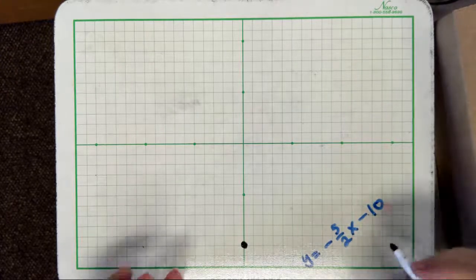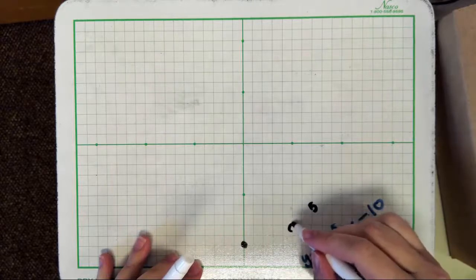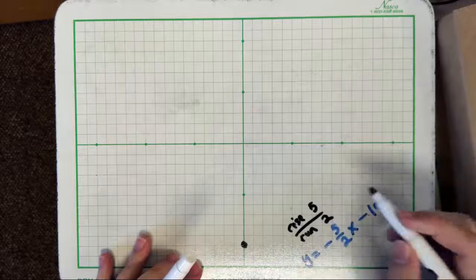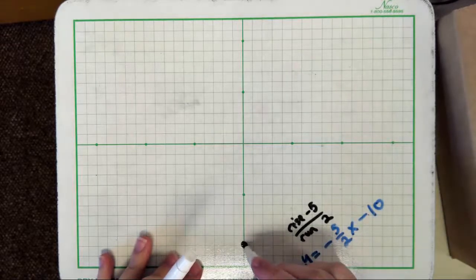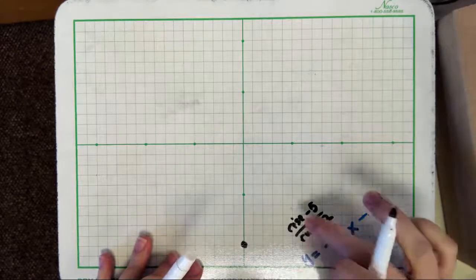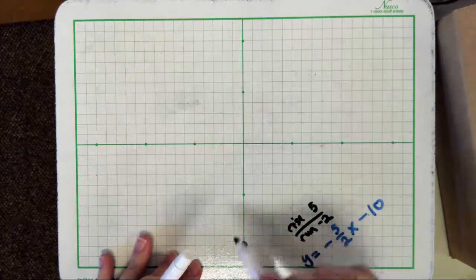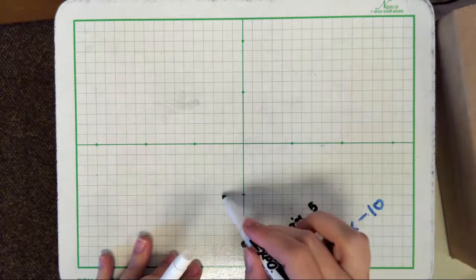My slope is negative 5/2, so I'm going to rise 5 and run 2, but one of those needs to be negative. So if I put it with the top, if I think about rising negative 5, well, that means I'm going down 5, which I don't actually have room for. So instead, I'm going to think about the negative like it's on the bottom. I'm going to go up 5 to here, and I'm going to go left 2.